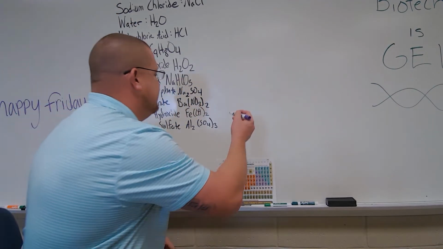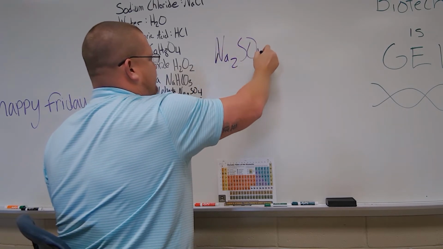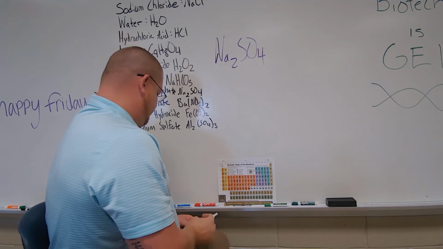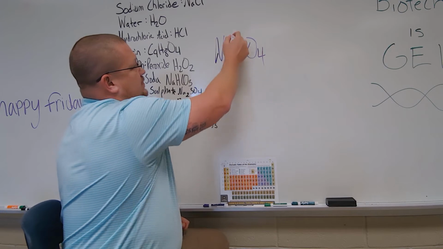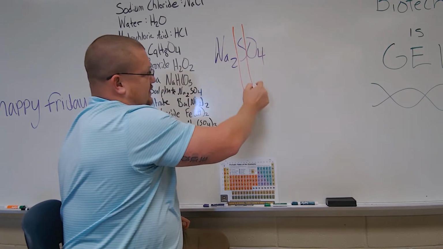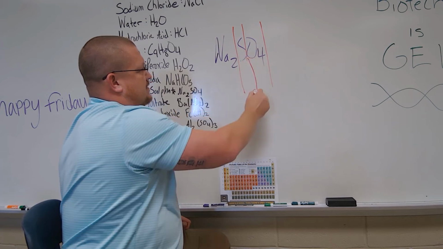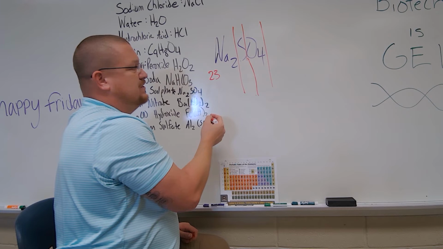Sodium sulfate is Na2SO4. All right. So let's unpack this one. We got Na2S, so capital, right? Kind of give myself some more room. So we're going to do the mass of Na is 23.